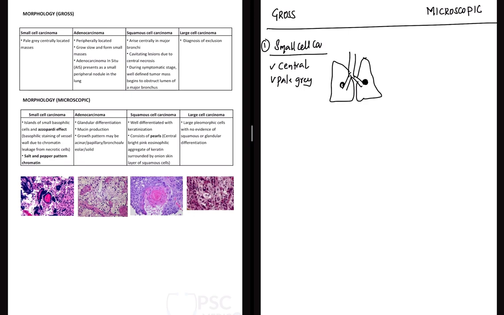Whereas adenocarcinomas usually develop peripherally. So squamous cell carcinoma and small cell carcinoma are central tumors, whereas adenocarcinoma is peripheral. Large cell carcinoma can be seen anywhere and it is a diagnosis of exclusion.